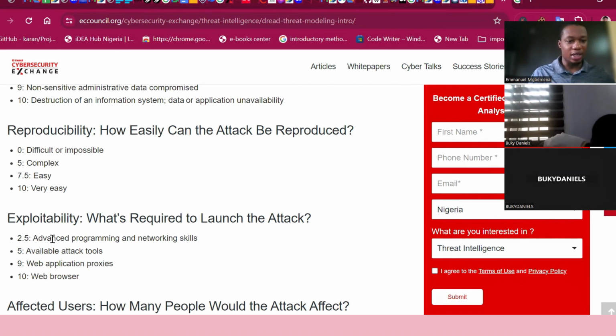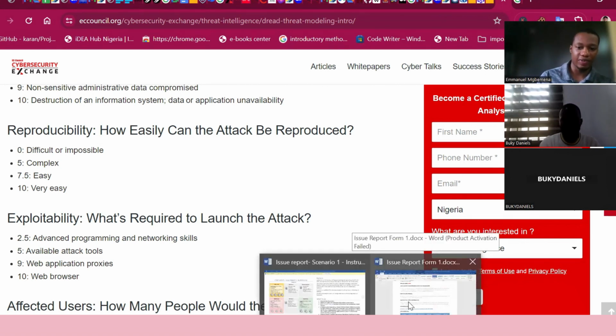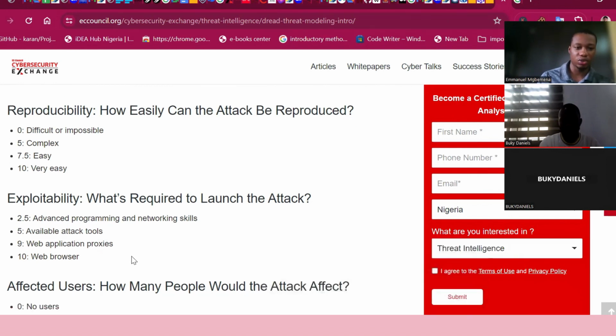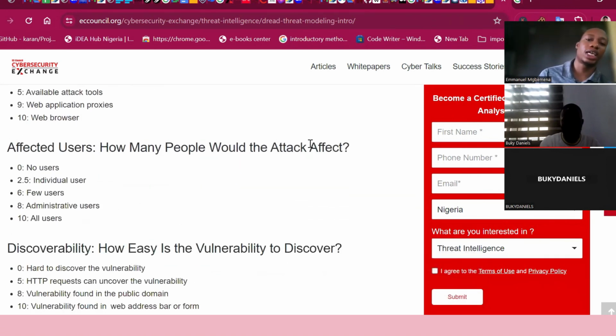Some people can choose that you need advanced programming, but I think if advanced programming were required, they shouldn't be using an outdated and default operating system. It would have been a different scenario if the scenario did not specify default tools, as it would have needed a more sophisticated approach. Okay, we've assigned the number. Let's see the next one. Affected users. How many people would the attack affect?